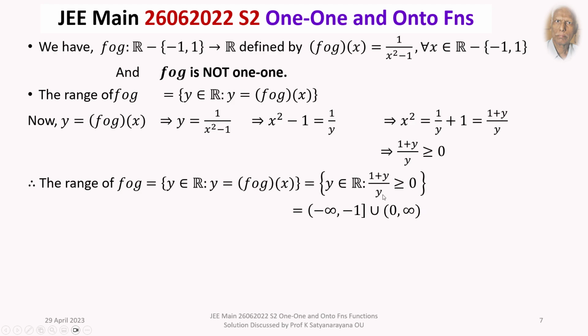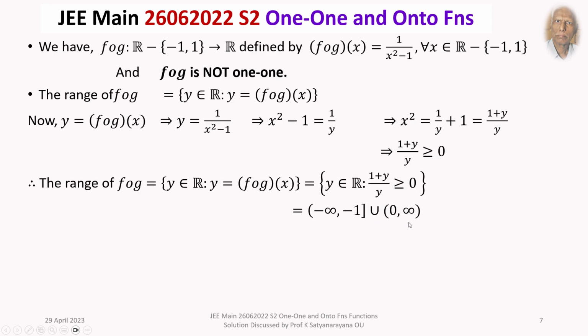And you can't take y is equal to 0 because y is sitting in the denominator. So that means the elements from minus 1 open to 0 included, that is the semi-closed interval, those many elements are not included here. That means they are missing.